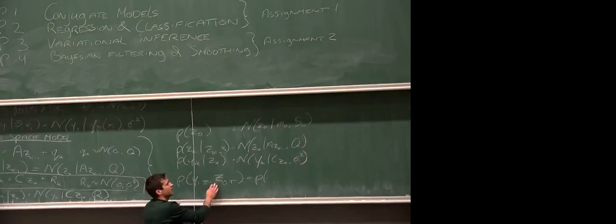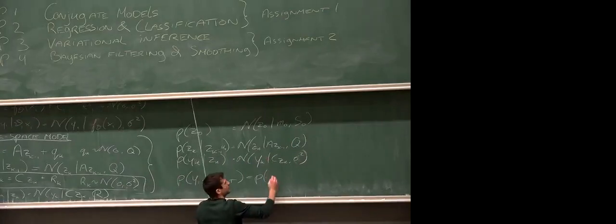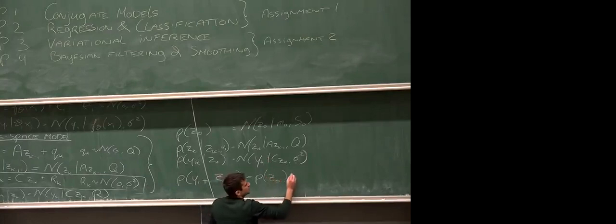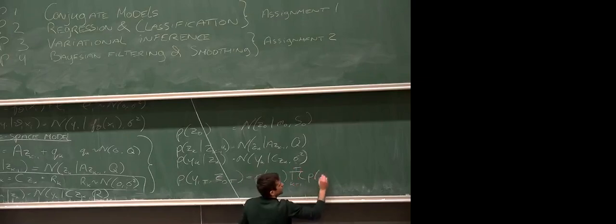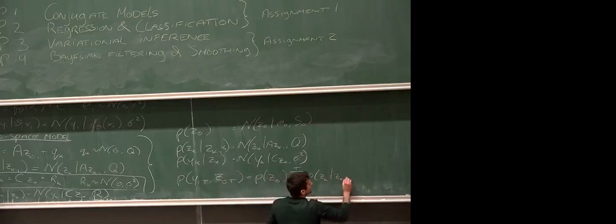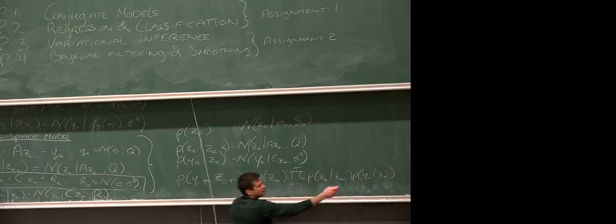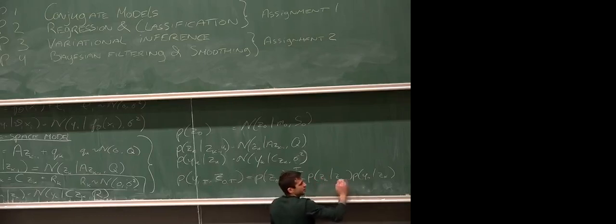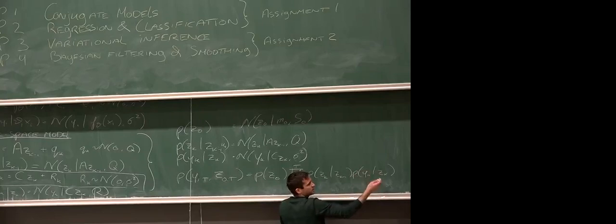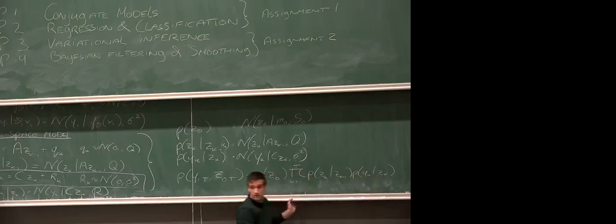And then we can build an entire joint distribution by taking the initial state. We have our state transition at every time step. So we take z_0, we calculate the probability of z_1 given z_0. And then we also have a likelihood or measurement model that says the probability of our first observation y_1, given our first state z_1.